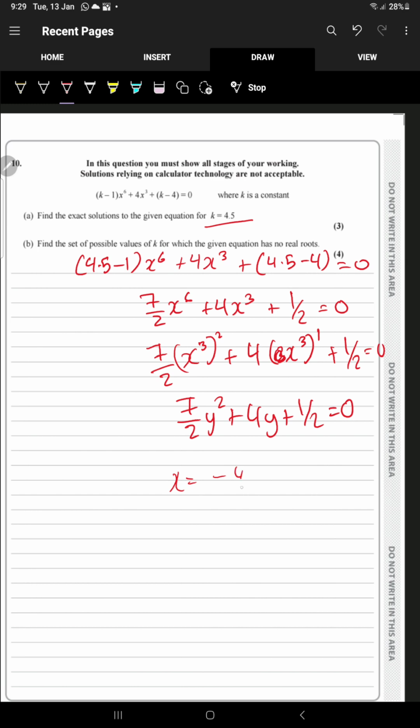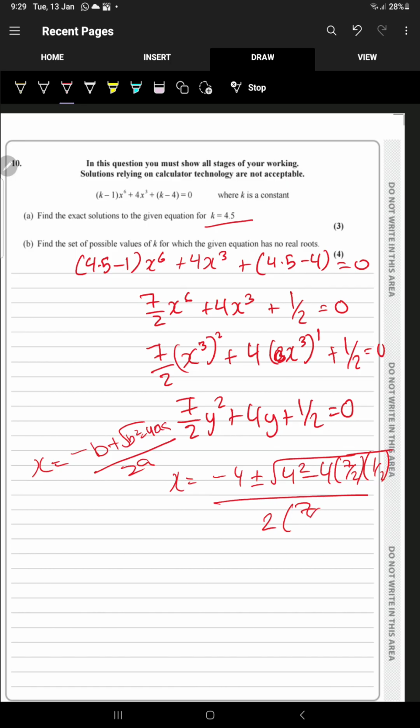So this is minus 4 plus or minus the square root of 4 squared minus 4 times 7 over 2 times 1 over 2, over 2 times 7 over 2. So x is going to be equal to minus over 7. It's not x, it's y.